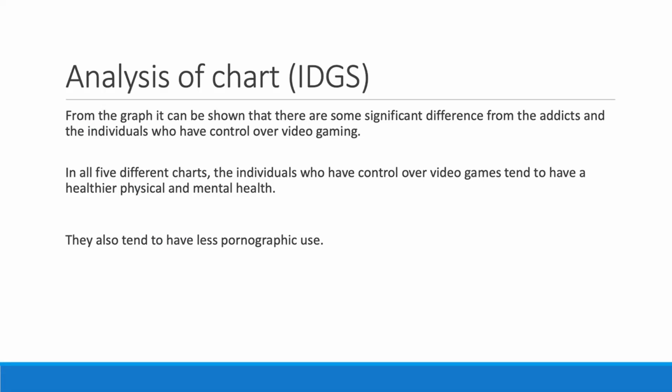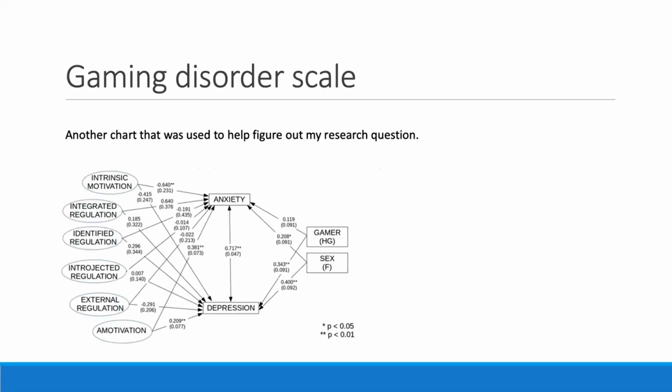The individuals who have control tend to have less pornographic use as well. In all of the different charts, the individuals who have control always have the better advantage, in health as well as in pornographic use. They have a significantly lower chance of getting depression and other mental health illnesses as well. This is another graph that helped conclude my research question.